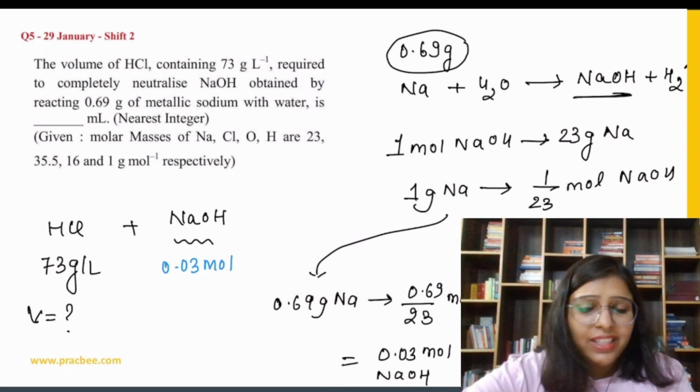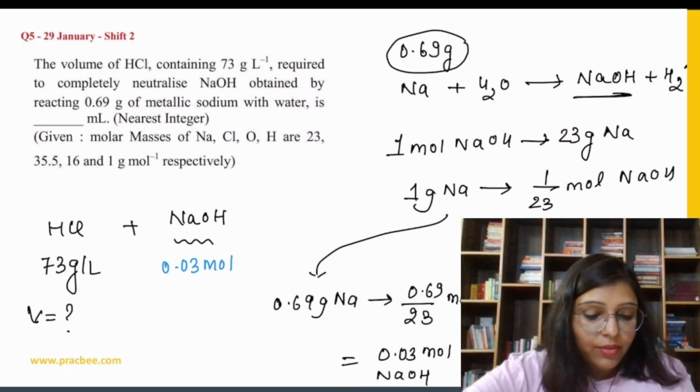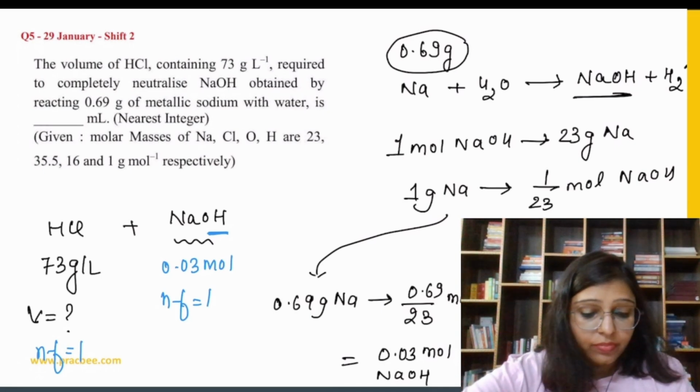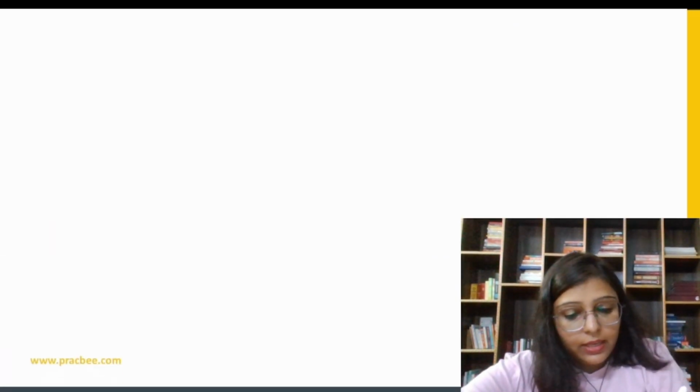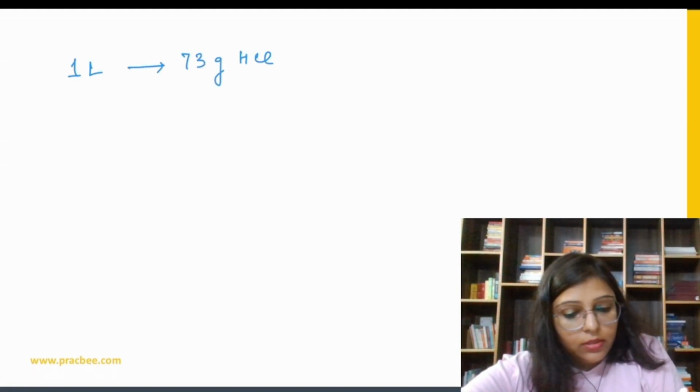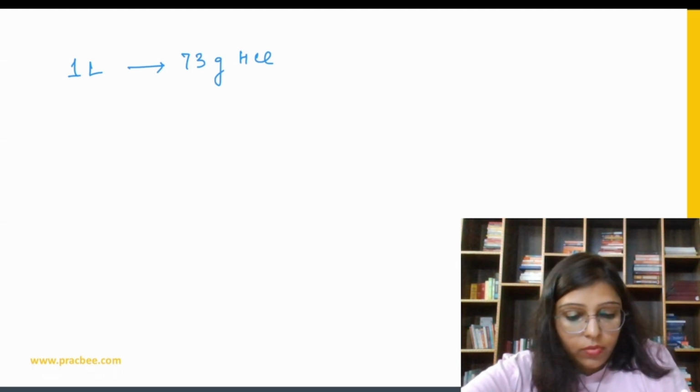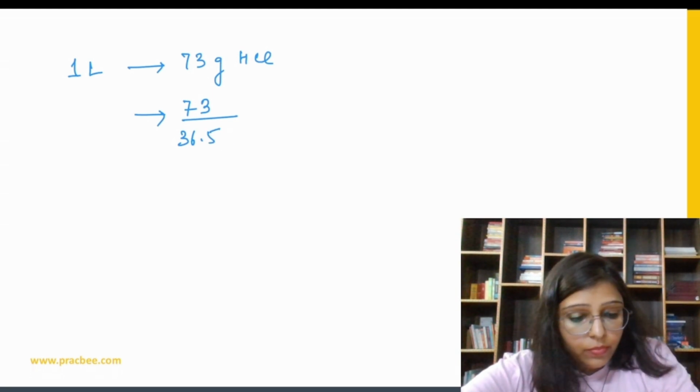We are going to apply the equivalent concept only. Here n factor is 1 because replaceable OH minus is 1. But we have to find out the molarity. In 1 liter, 73 gram HCl is present, so we can say 73 upon 36.5 moles of HCl.